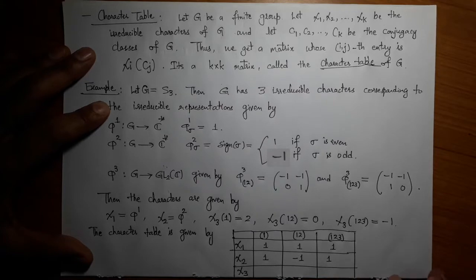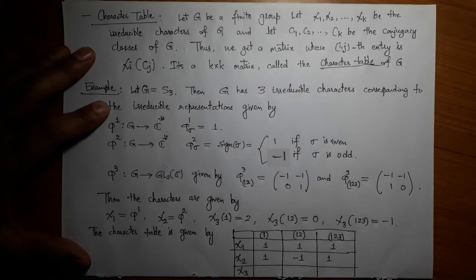And lastly chi3: the character value on the trivial element of the group is the degree of the representation, which is 2 here. On the second conjugacy class it is 0, and on the third conjugacy class it is -1. So this is the character table of the symmetric group S3.